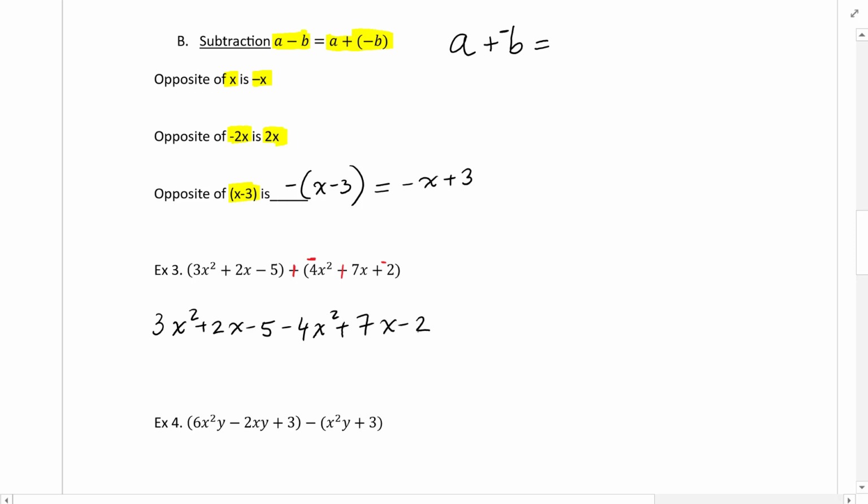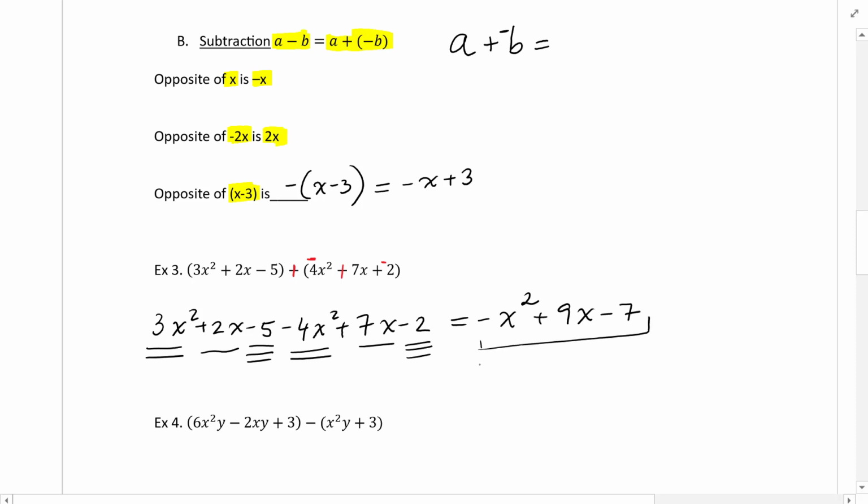We add with the opposite. So now we are actually adding like terms like we did before. So 3x squared minus 4x squared is negative 1x squared or negative x squared. 2x plus 7x, that makes it 9x. And negative 5 minus 2 is negative 7. So this is the final answer of the subtraction.